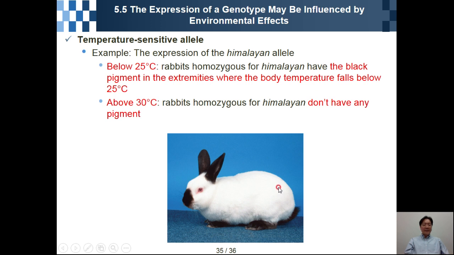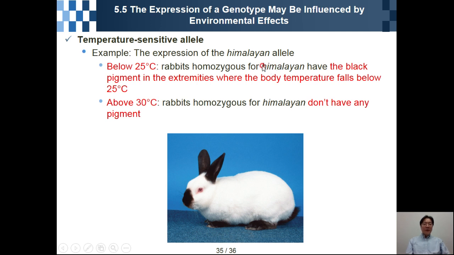Usually in the extremities, the ear, nose, foot and tail, they have the black color because in these locations their body temperature is below 25. So in the extremities where the body temperature falls below 25 centigrade, they show the black phenotype.